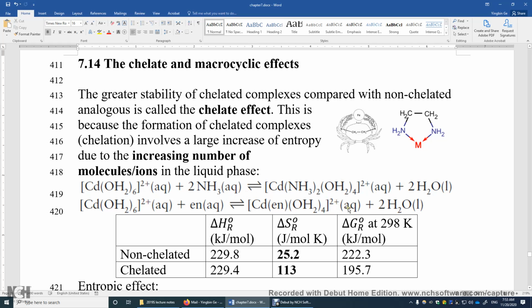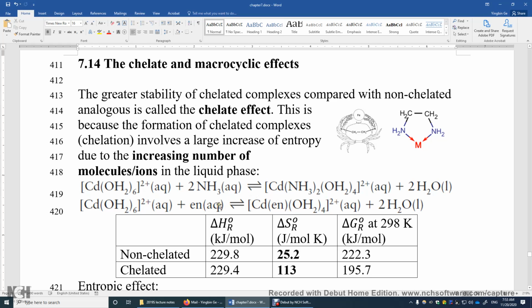Now look at this reaction. On the reactant side, you have 2 particles. On the right-hand side, you have 3 particles. There is 1 more particle in the liquid phase that can move around.